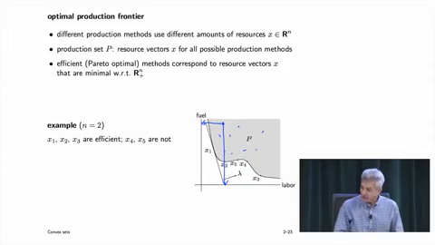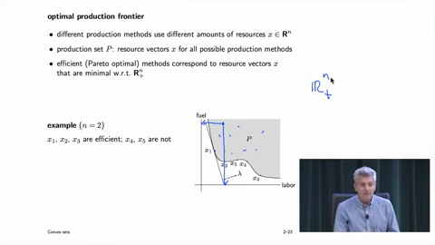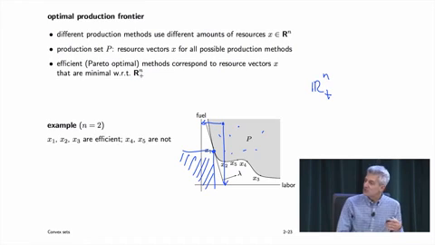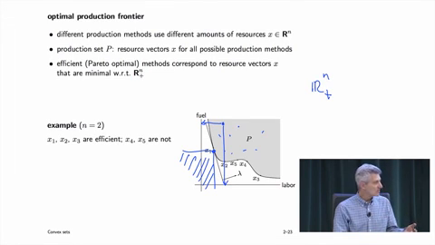A minimal point in the production set, with respect to R plus to the n, is one where it doesn't intersect this thing, and that's good. It means there's no other method for producing that product that uses no more of each resource. So that's what it means.